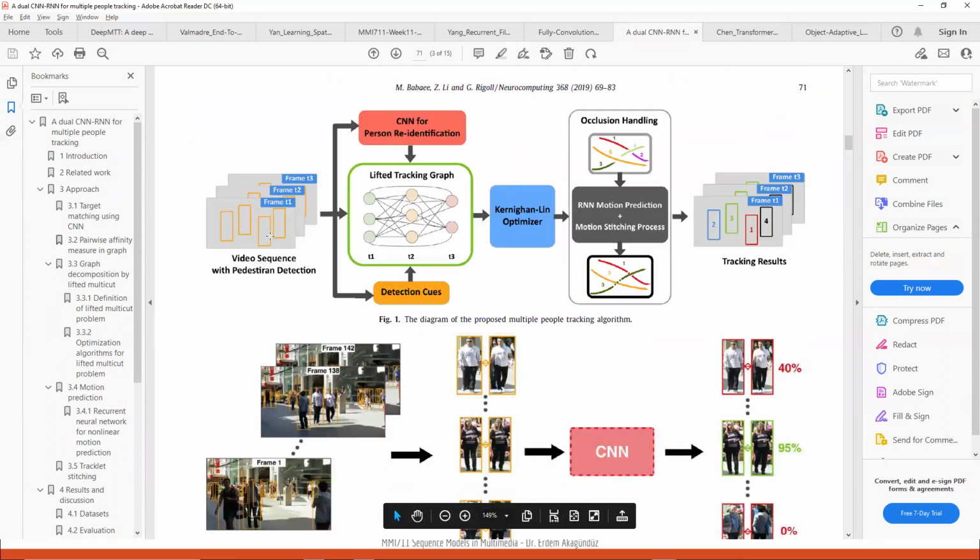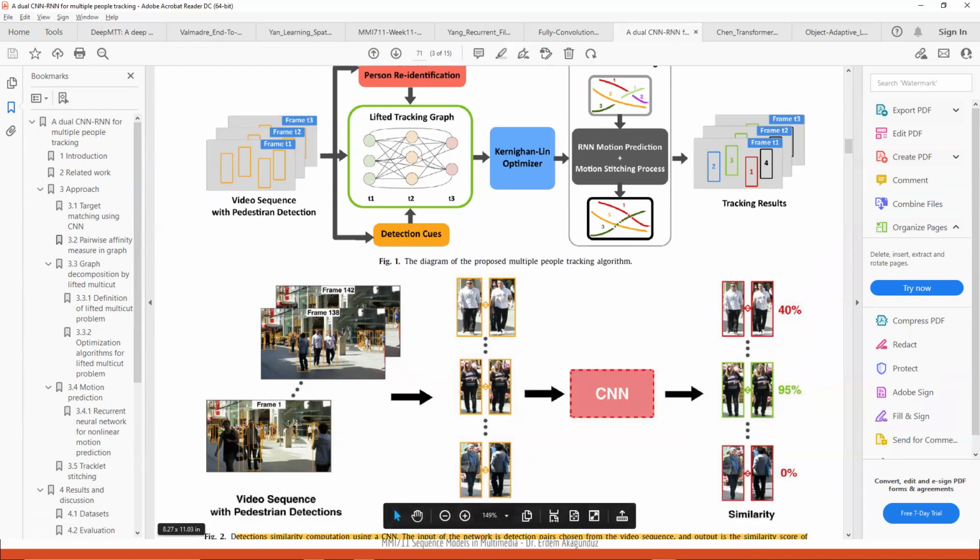As you can see, we have the video sequences. We do detection first. Then, using a CNN, the detected squares are matched to each other, and that matching information is represented on a graph. I'm going to talk about this.